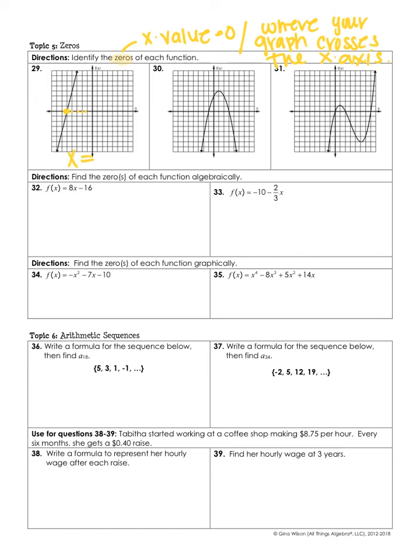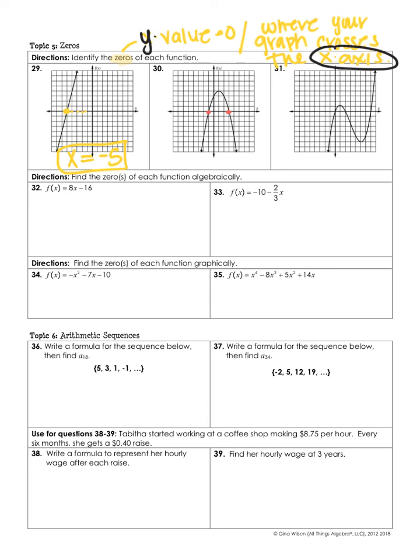So our zero of this function is when x equals negative 5. And I just realized I said that wrong. It's when our y value is 0 up here. It's where your graph crosses the x-axis. So graphically, you're just going to look, where do these things cross the x-axis? You can have 1, 2, 3, many zeros of a function. So go ahead and find the zeros of number 30 and 31.